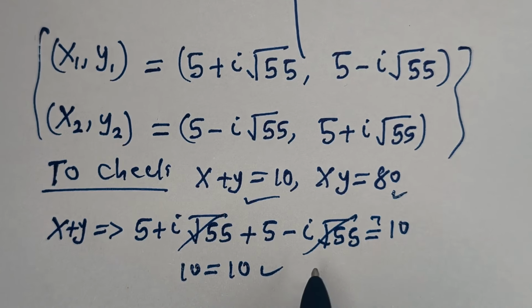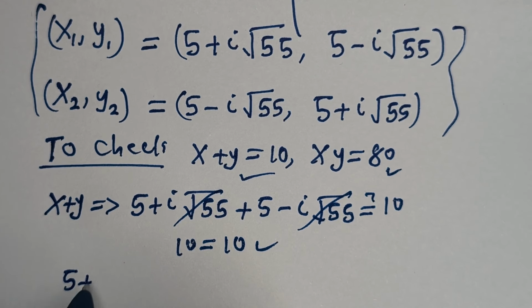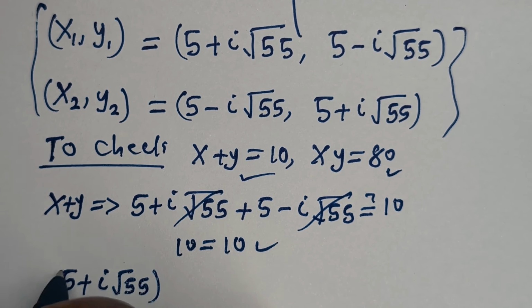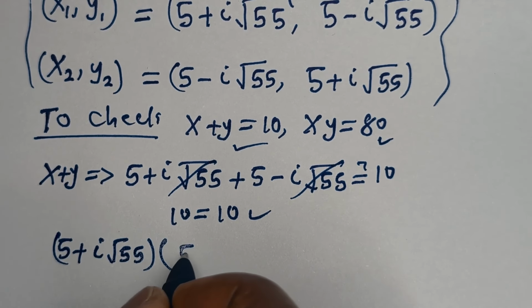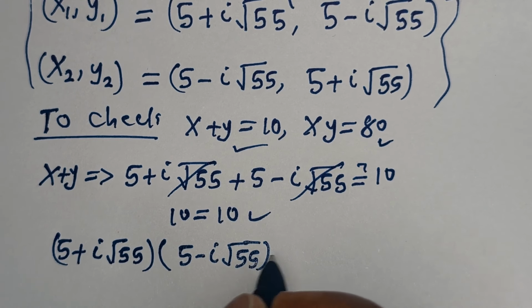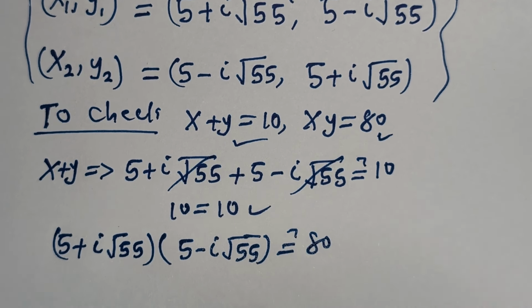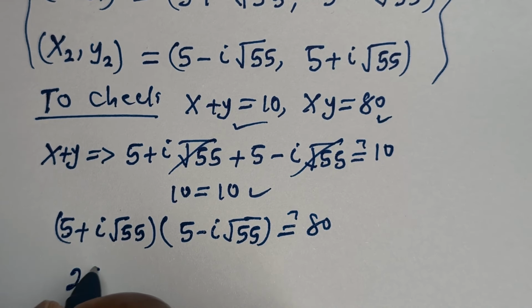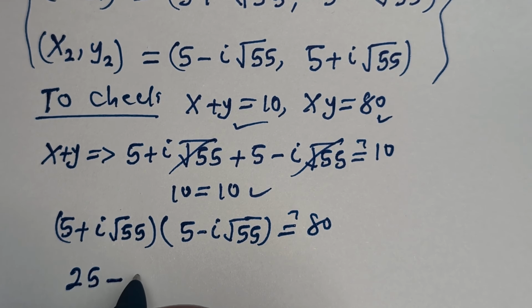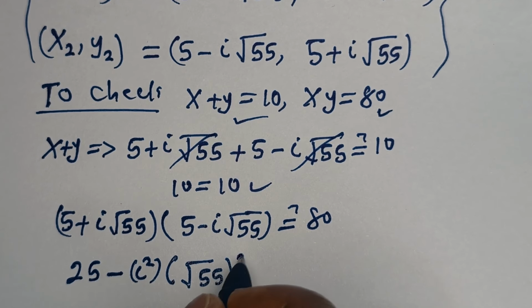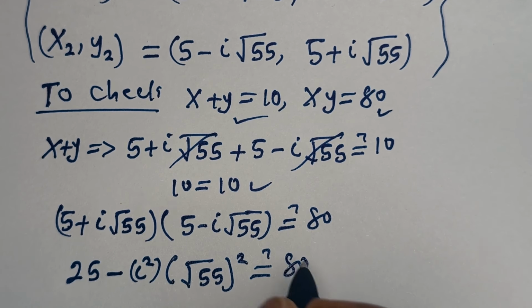Now let's consider this. We have 5 plus i root 55 multiplied by 5 minus i root 55 must be equal to 80. Then if you multiply this very well, we have 5 times 5, that is 25, minus i squared multiplied by root 55 squared must be equal to 80.